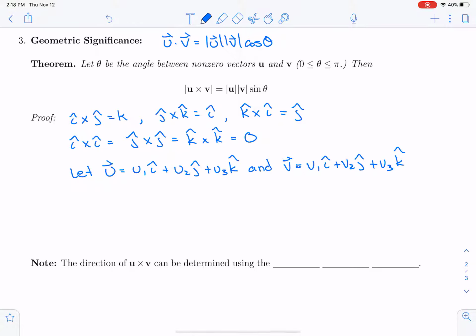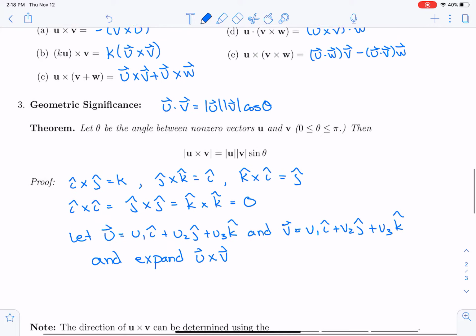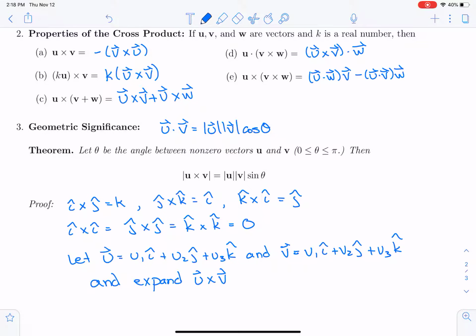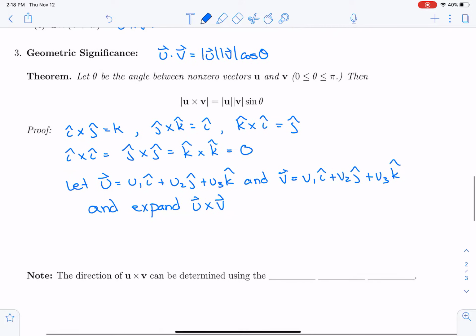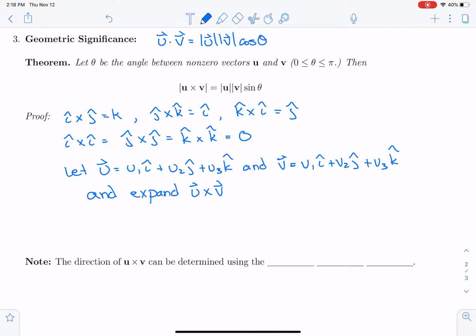And if you then expand the product of u cross v using those properties that I laid out in the previous video, then you will get essentially the magnitude of u times the magnitude of v times sine theta.